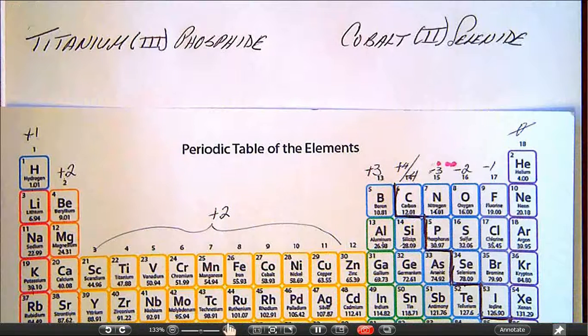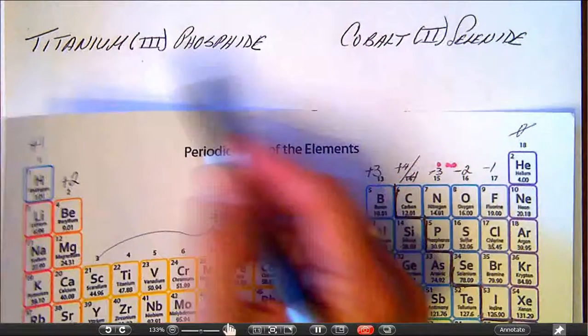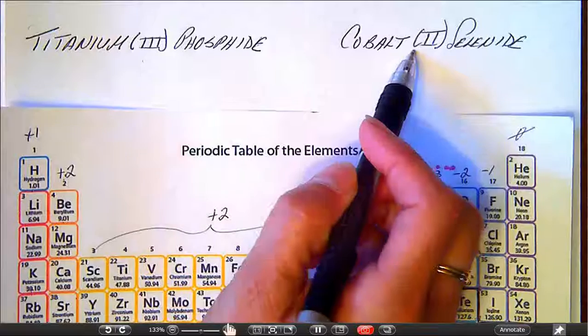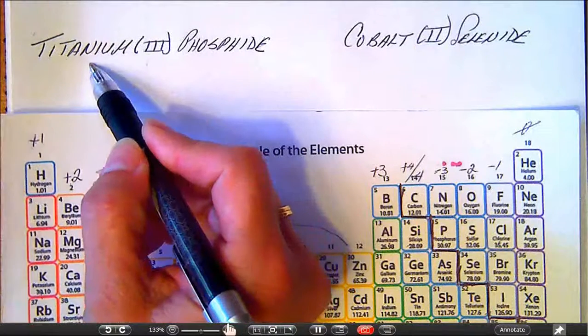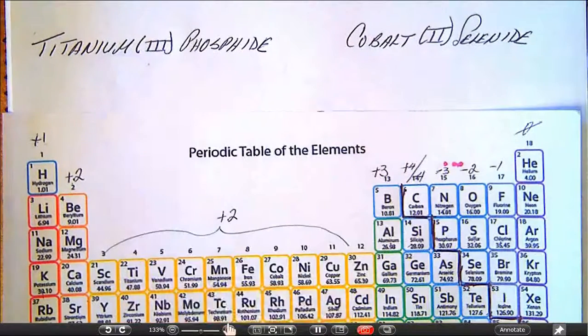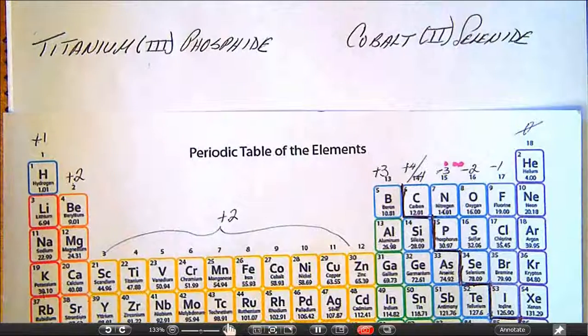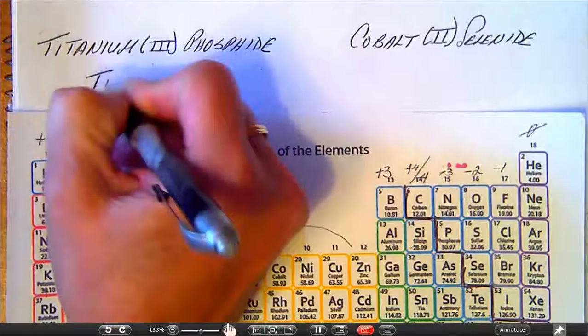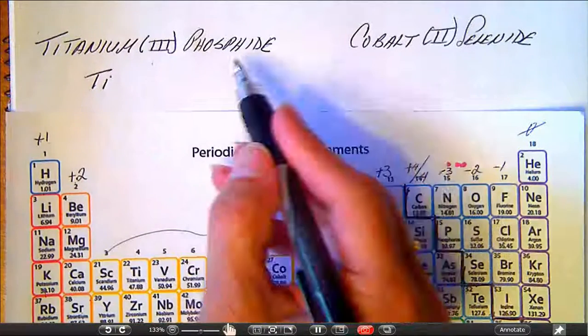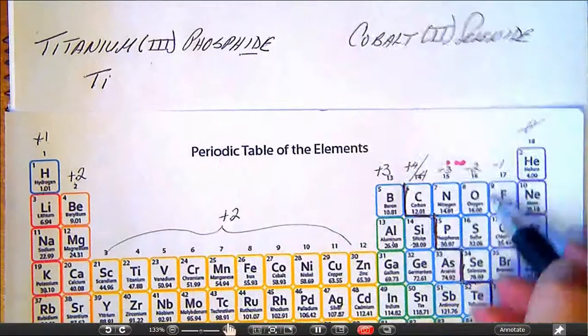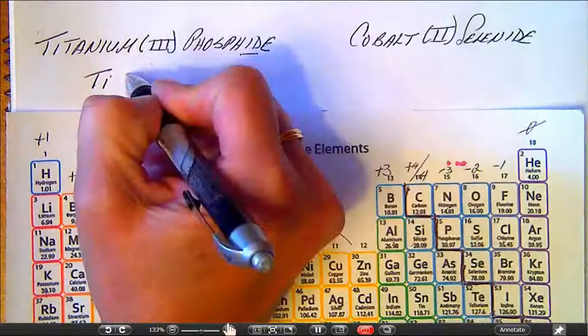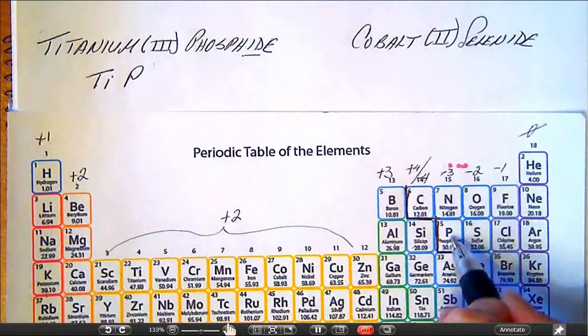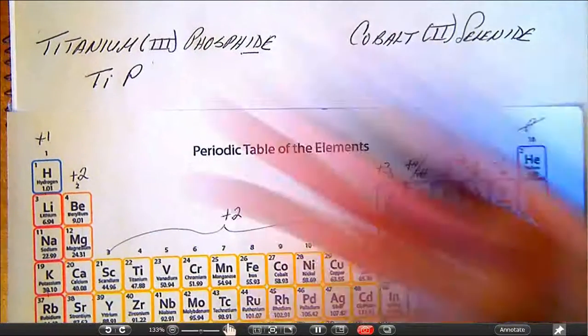Our next examples are going to include multiple oxidation numbers, and that's the Roman numerals here. Okay, so same thing, titanium, we're going to look for that. Here it is in this multiple oxidation section. So I'm just going to write Ti for the moment. Phosphide, so we're looking for phosphorus. Put that there. Phosphorus, -3.